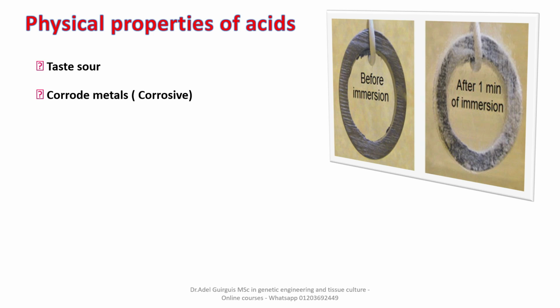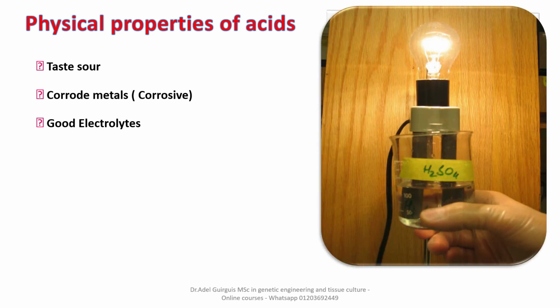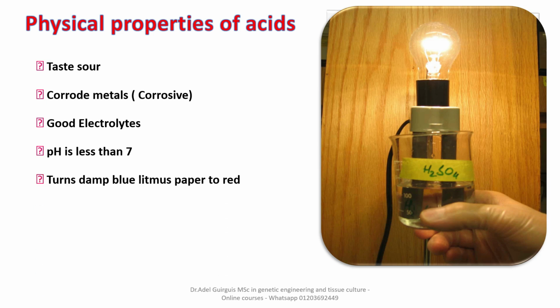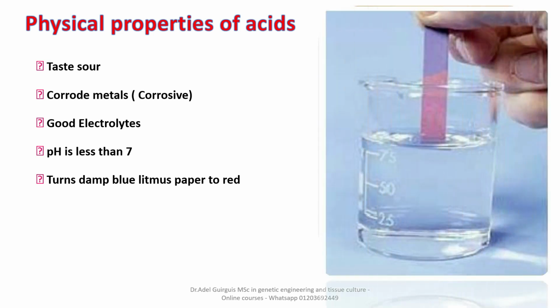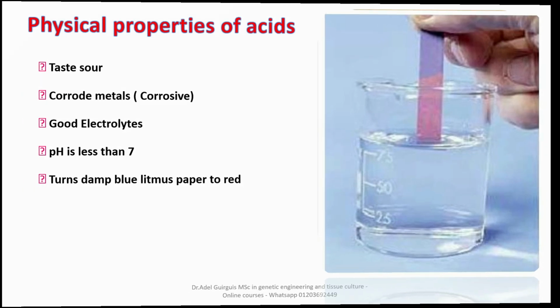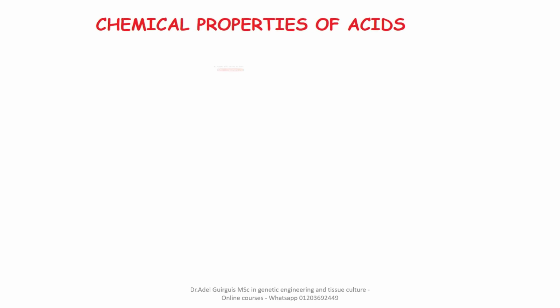They are good electrolytes, passing electricity with different degrees according to their strength. Their pH is less than 7. They turn damp blue litmus paper to red, like in this figure. Blue litmus paper turns red. This indicates acid.